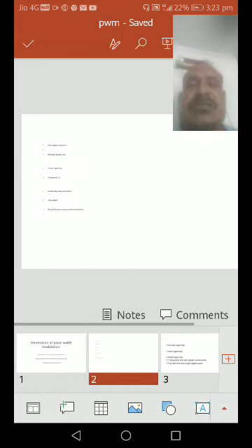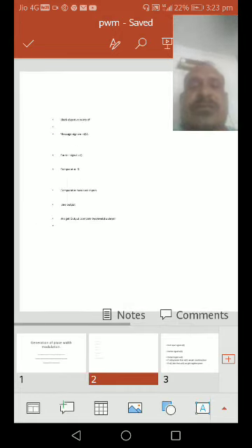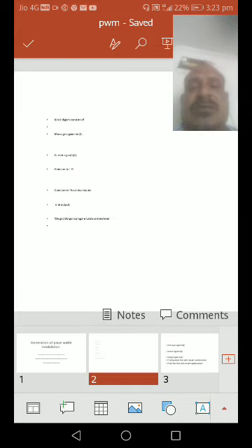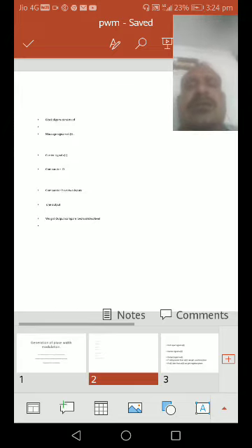Next, basically the block diagram of the pulse width modulation. First we give the input signal, and we have two signals: one is the input signal, another signal is the carrier signal. The carrier signal changes the characteristics, amplitude, of the message signal.